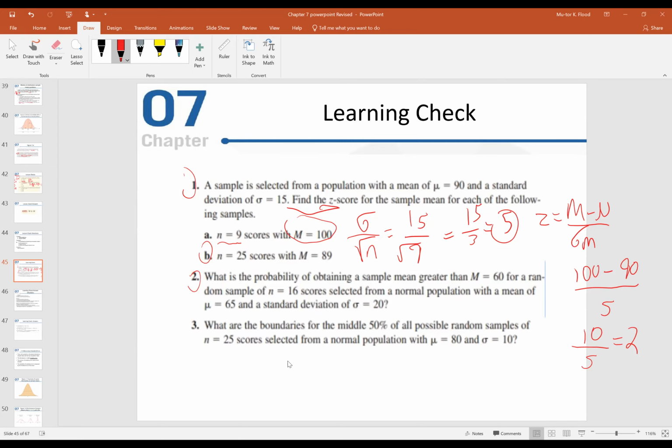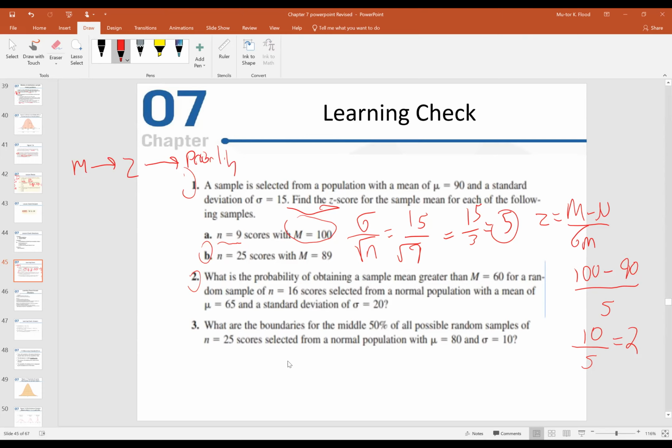It's asking us to find a probability, and they started by giving us the sample mean, so we're going from the sample mean to z-scores, then to probability. I won't do that question again because I already did that one.